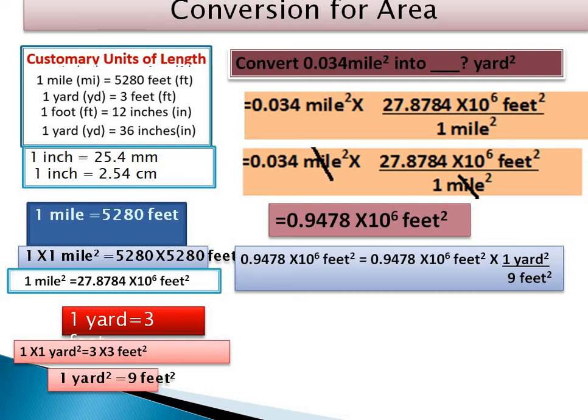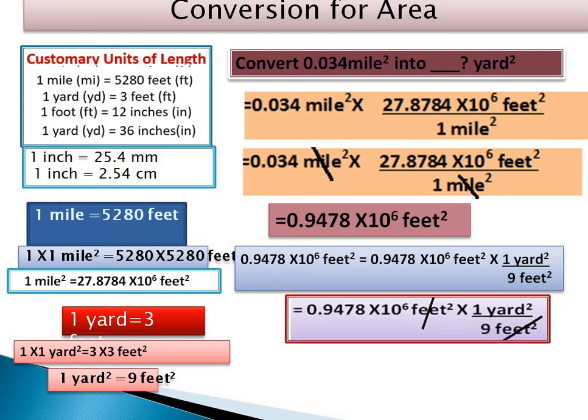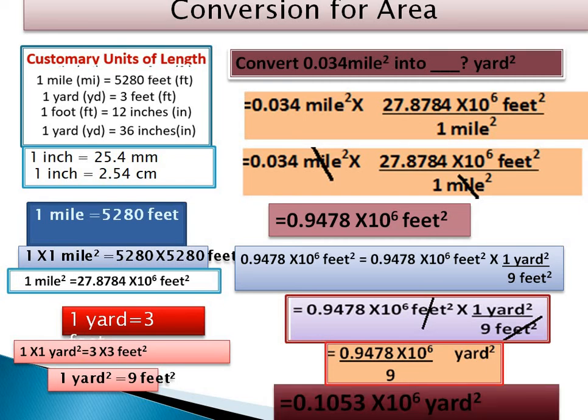So feet square will get cancelled. The remaining is only yard square. So it becomes 0.1053 into 10 to power 6 yard square. Okay, so in this way we have converted 0.034 mile square into 0.1053 into 10 to power 6 yard square. So my area of mile square has been converted into yard square.